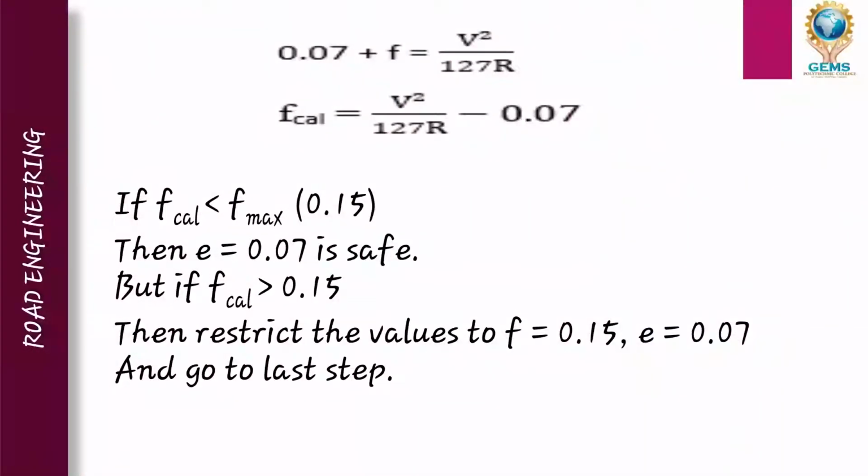For knowing the value of F, we can calculate 0.07 plus F is equal to V square by 127 R, and F will be V square by 127 R minus 0.07. If the calculated F is lesser than F max, which is 0.15, then E is equal to 0.07 and this will be safe.